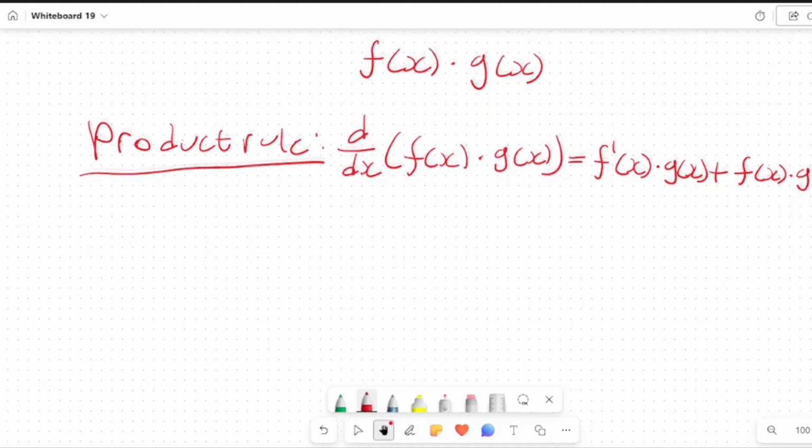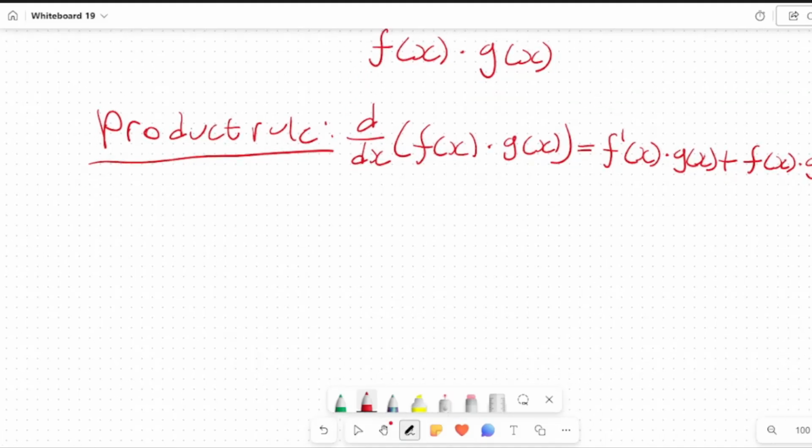I'm going to take a few examples to make you able to familiarize yourself with these types of derivatives. So let's start off with something on the easier side.